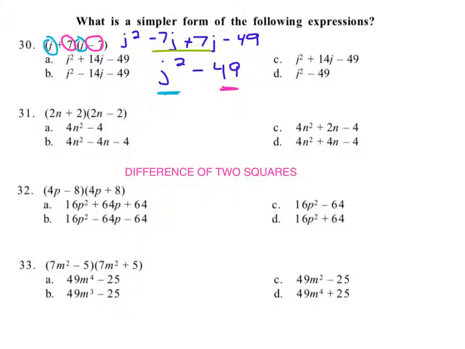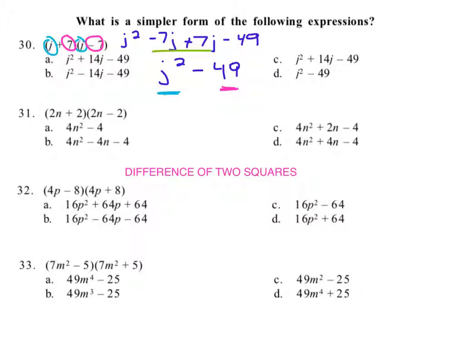Okay? What does that look like for the rest of these? These are all difference of two squares problems. So I'm going to save you some time, and we're going to do these together. Look at number 31. For the first, outer, and inner, and last, inner and outer will give us exact opposites of 4n and negative 4n, and they will cancel out. So what do we actually get?